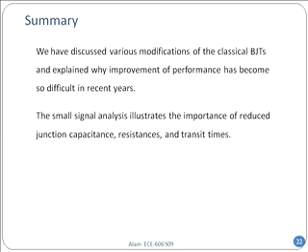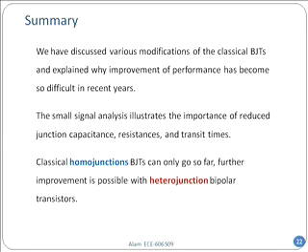That will make things clear. Now, the bottom line is that classical homojunction transistors can only go so far, and nowadays the heterojunction bipolar transistor has essentially replaced the technology, and in the next two classes I will tell you how the heterojunction bipolar transistor works. Okay.